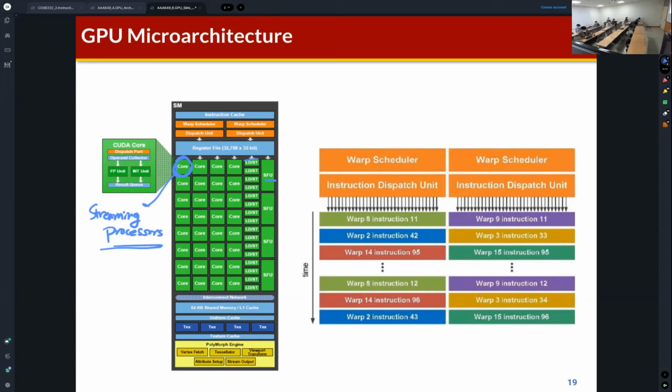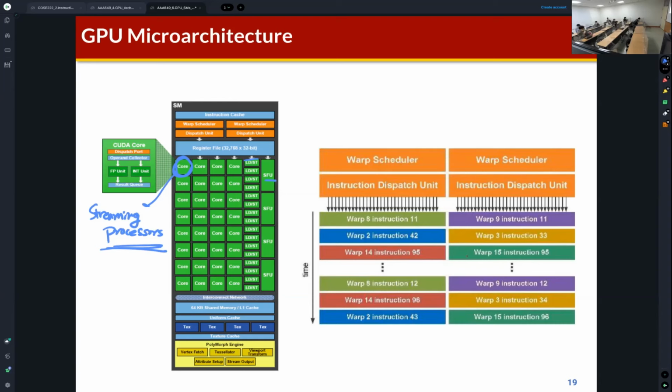If you see this streaming multiprocessor architecture, you can find there are multiple SPs, streaming processors. Actually, in this figure, there are 32 SPs, as I explained in the Fermi. The frequency of the SP is double the clock frequency of the SM.